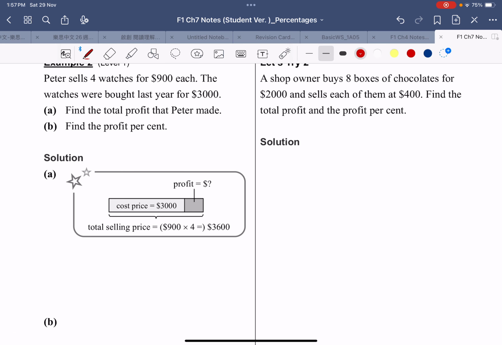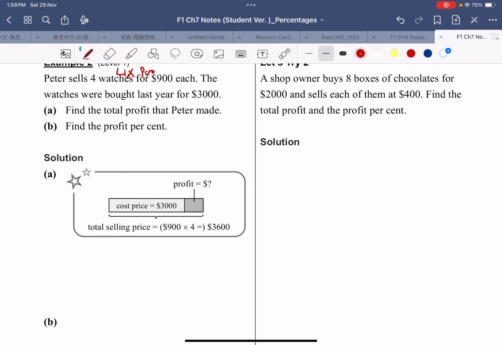Example 2. Sells 4 watches for 900. And then these watches were bought last year for 3,000. So the selling price will be 4 times 900, which gives you the total selling price.